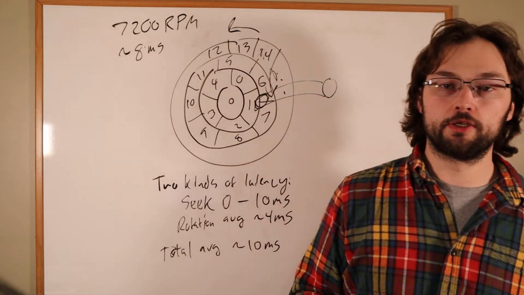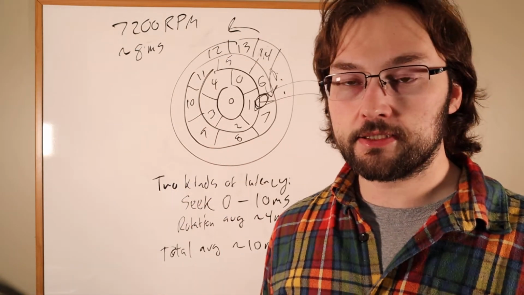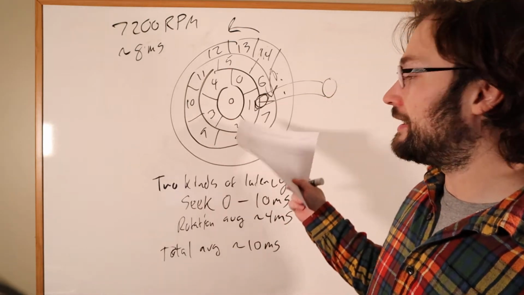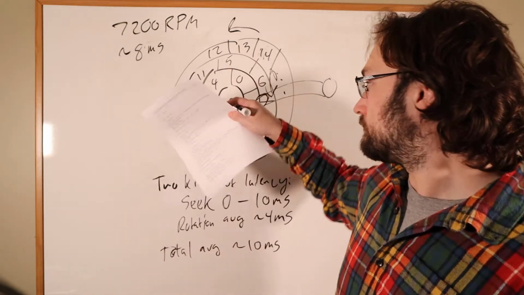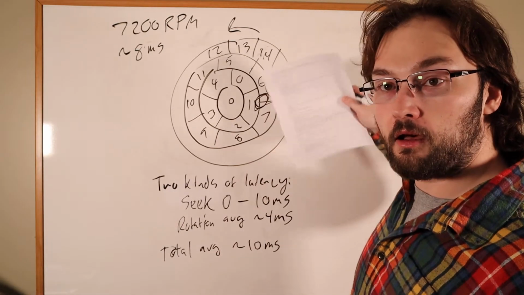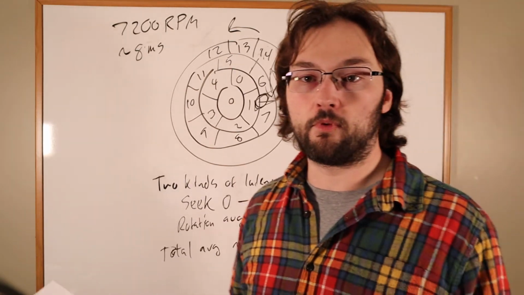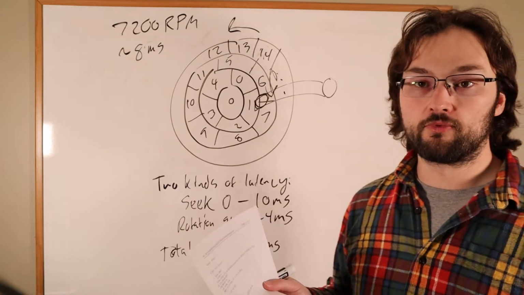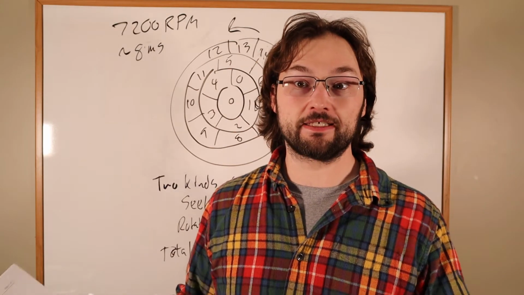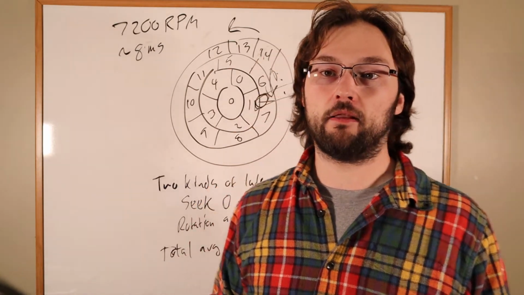So every time we want to do a single block read or write to this disk, if we aren't already in the right location rotationally and arm moving, we're going to have to spend 10 milliseconds waiting for the read-write head to be in the right place physically. Mechanically, we have to wait that long.